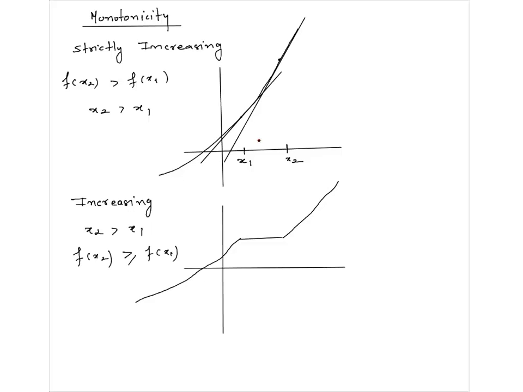Tangent will have a tendency to become more vertical. If function rises, tangent will have a tendency to become more vertical. That will happen whenever function tries to rise.